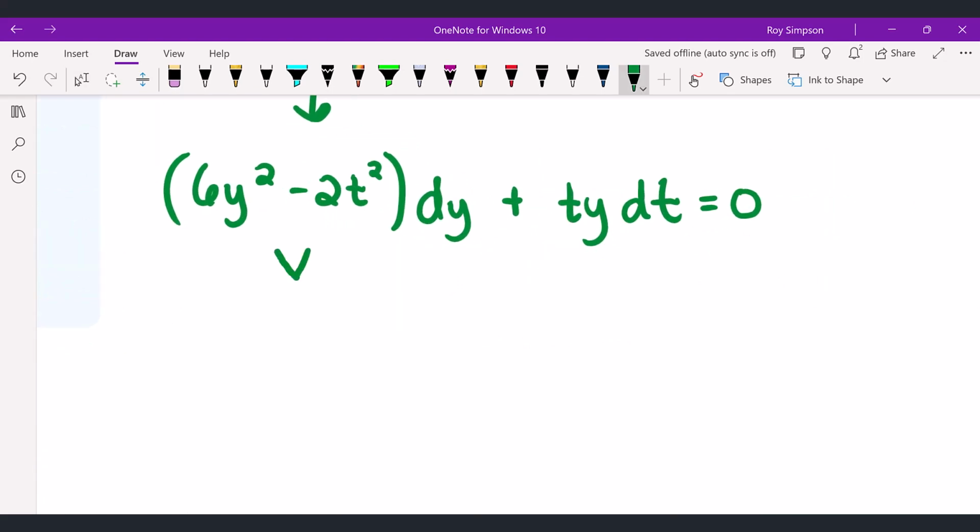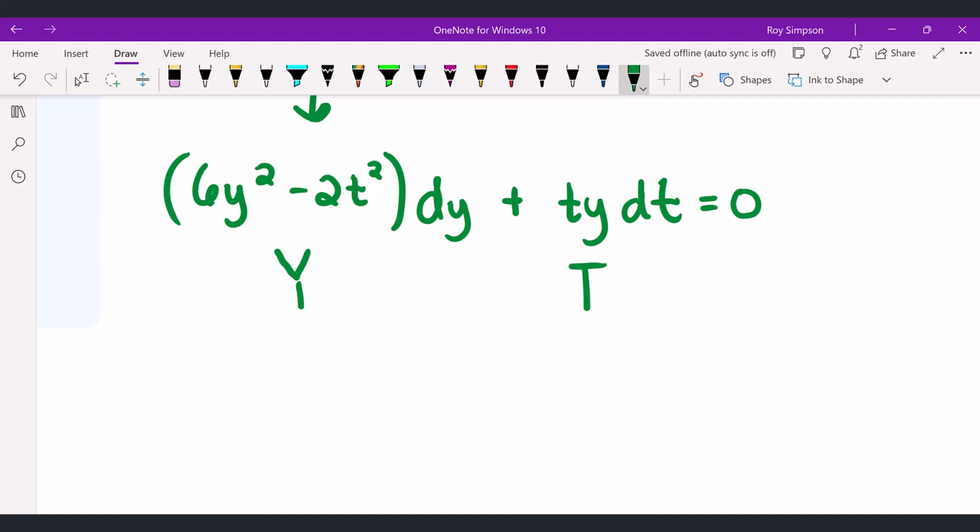Remember, I cannot assume that the coefficient of dy is the partial of f with respect to y, and I cannot assume that the coefficient of dt is the partial of f with respect to t. What I need to do is see if the partial of this capital Y with respect to t is the same as the partial of capital T with respect to y.